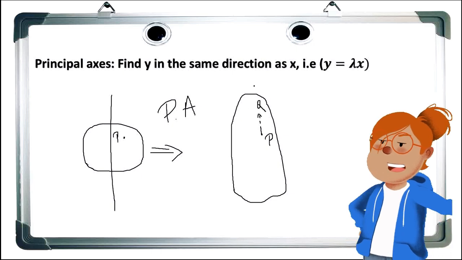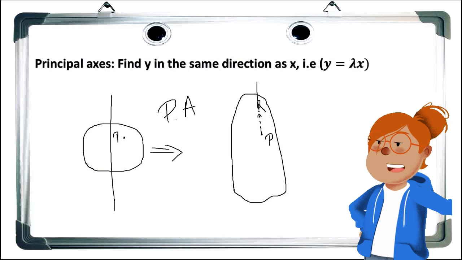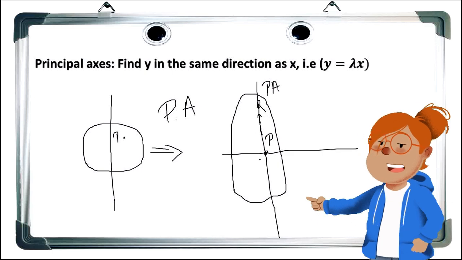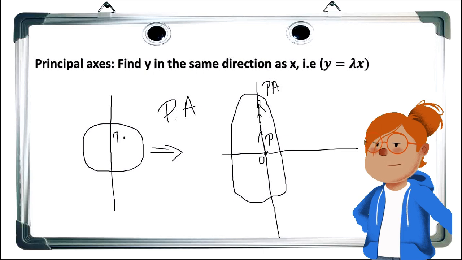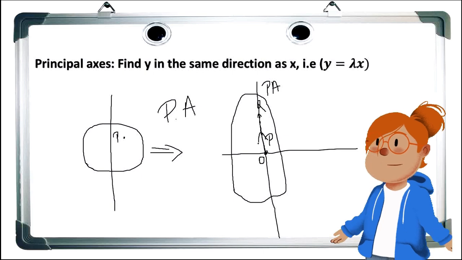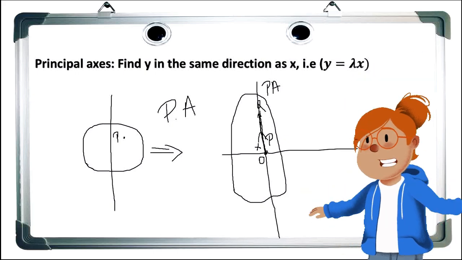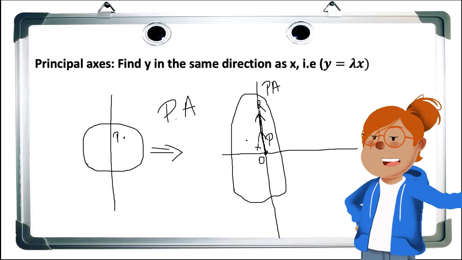But along the principal axis, if we represent a position vector and mark the position of the point P and the position of point Q, these two vectors should be along the same direction or antiparallel to each other.